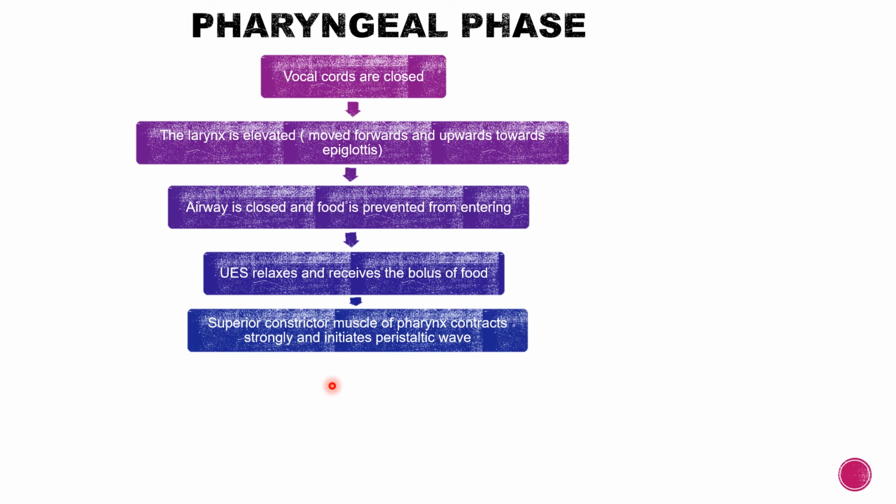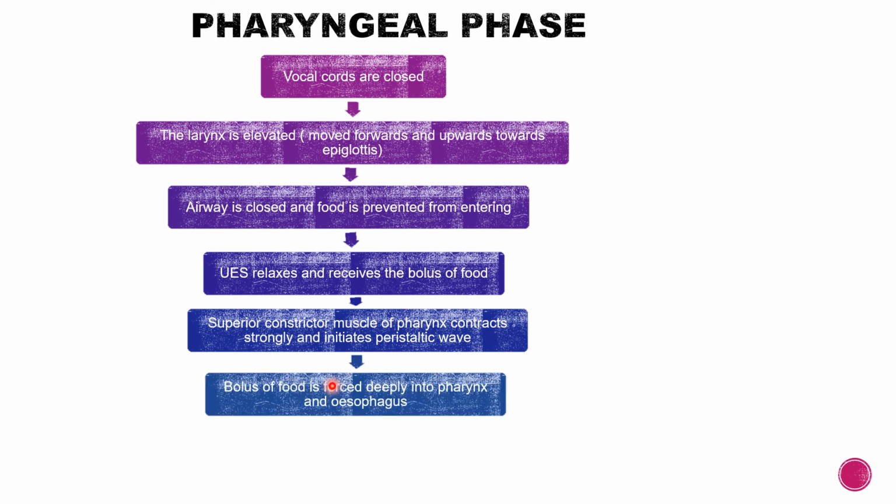And during this time, the superior constrictor muscles of the pharynx contract and initiate peristaltic waves, and the bolus of the food is forced deeply into the pharynx and esophagus through the open upper esophageal sphincter.